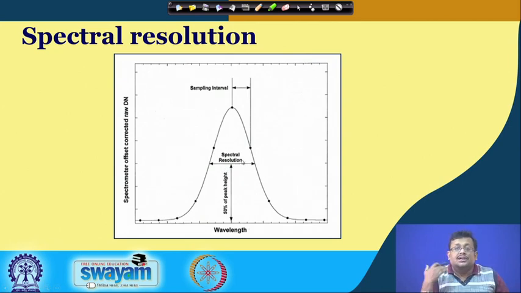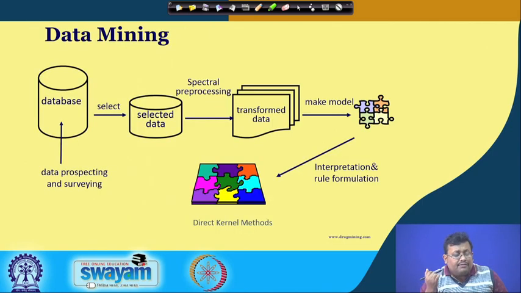The higher the resolution, the lower the distance, or in other words, you can better resolve the minor spectral features using the spectroradiometer, and these consecutive points show the sampling interval. So, this is a representation of spectral resolution in the spectral curve.